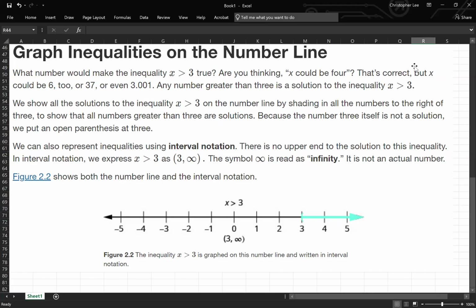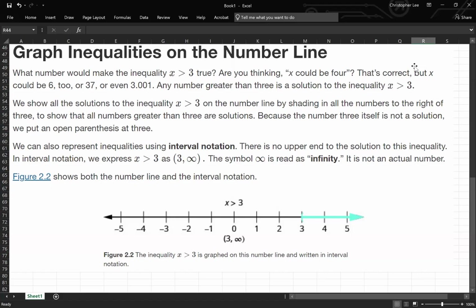We show all the solutions on the number line by shading in all of the numbers to the right of 3 to show that all numbers greater than 3 are solutions. Because the number 3 itself is not a solution, we put an open parenthesis at 3.